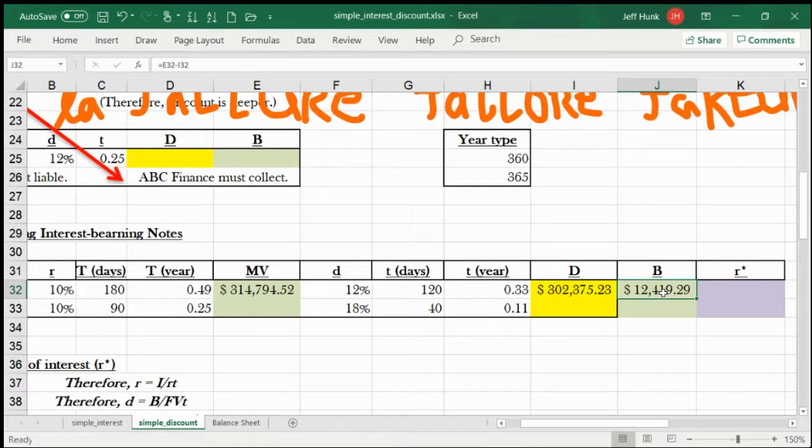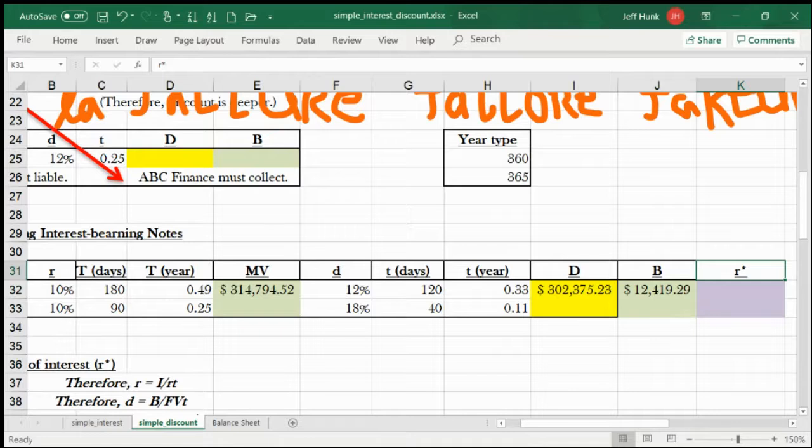And unless the issuer of the promissory note is very high quality, there's a lot of risk, right? So they will have to cover that.